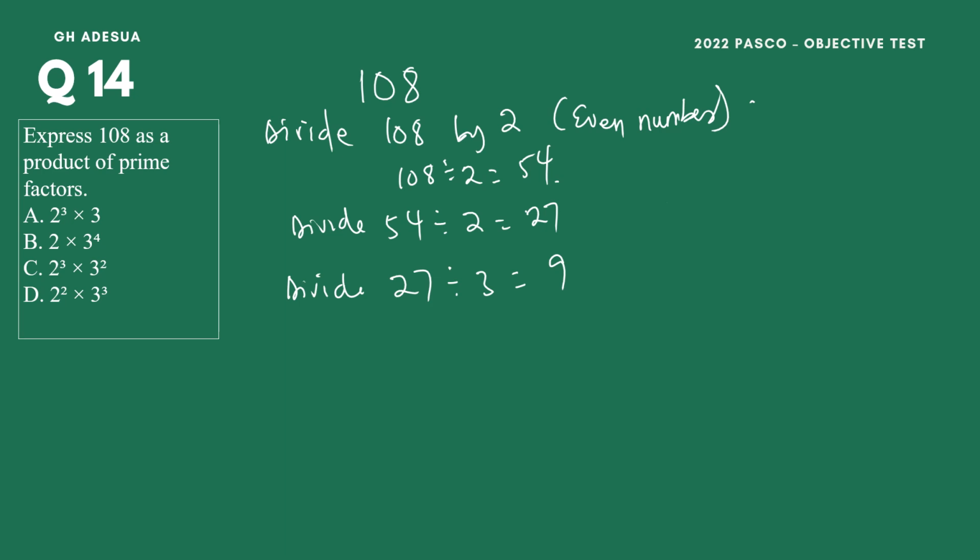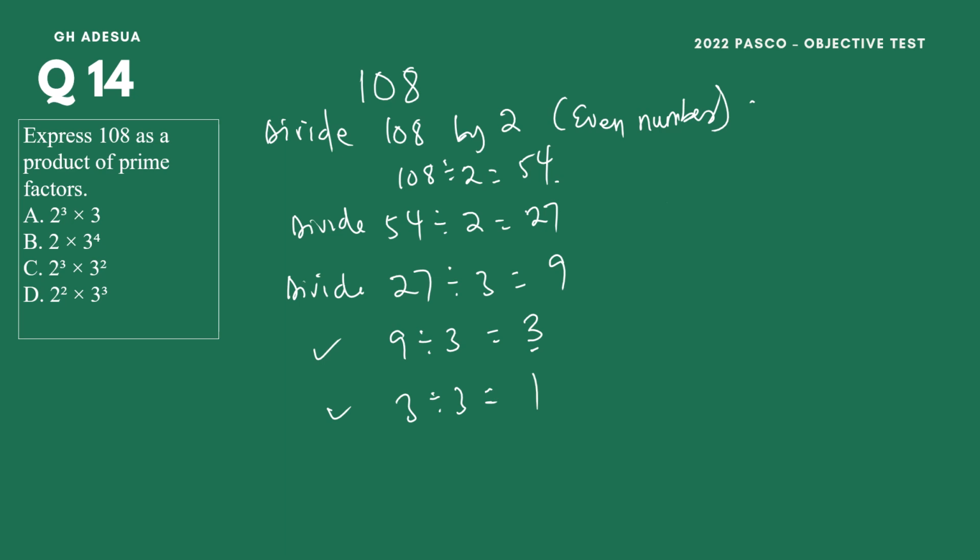Then 9 divided by 3 is going to give us 3. Then finally, 3 divides itself, and we have 1 as the final result.